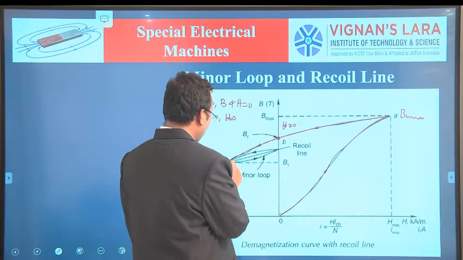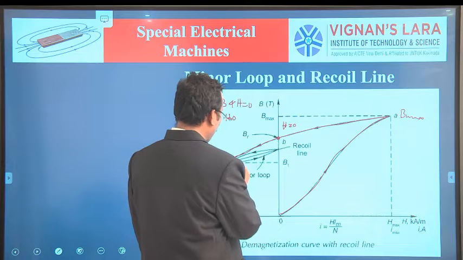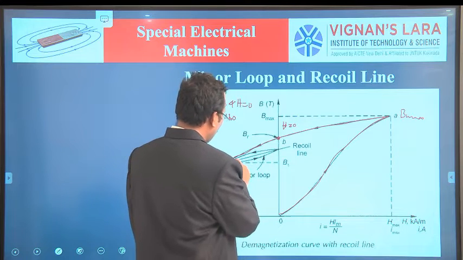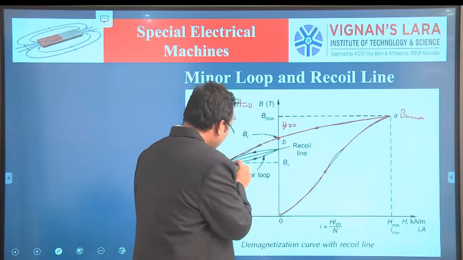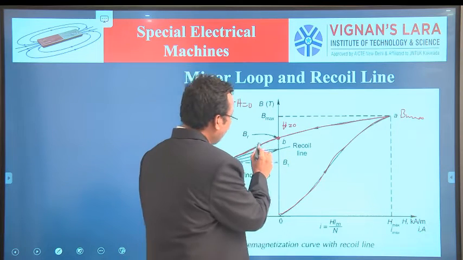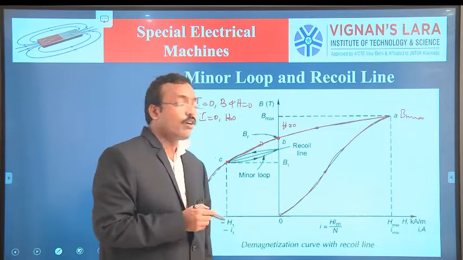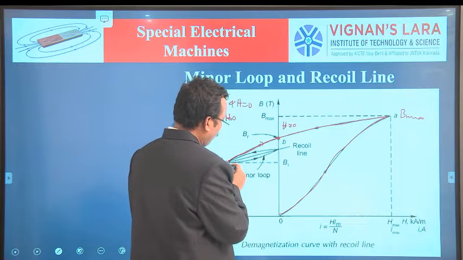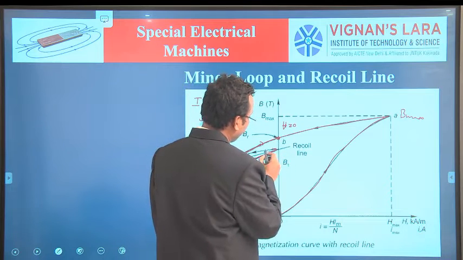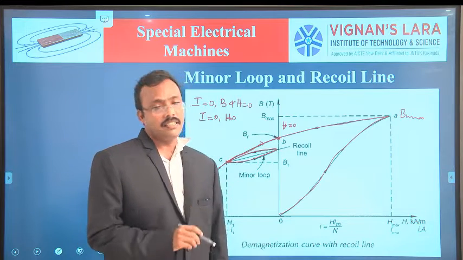We assume that we are decreasing the current from the maximum value to 0. This curve does not follow this path. Actually it should follow this path, but it does not. We find another loop, going like this.